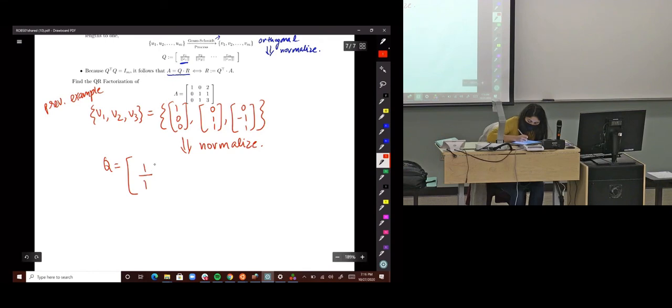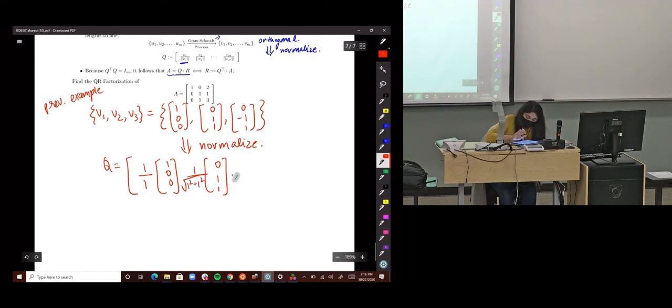Norm of V1 is 1. Then the next column is given by 0, 1, 1, V2, and the norm of V2 is 1 upon the square root of 1 squared plus 1 squared, so root 2.